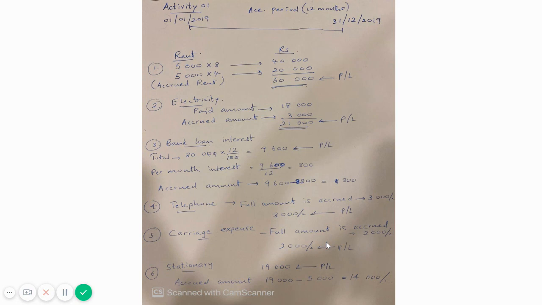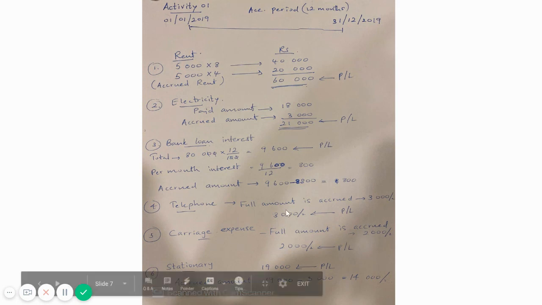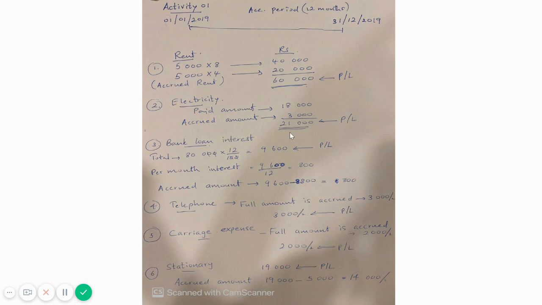But this is not difficult for you. From here, you can get the total amount, and that should be shown in the profit or loss. Then here the electricity account, here the rent expense. Like that, for each expense, the accrued amount will be credited by opening up the relevant accrued expense account, and the total will be taken to the profit or loss.